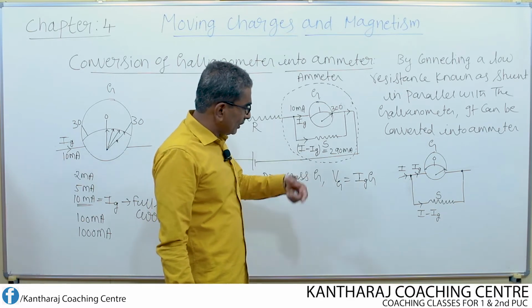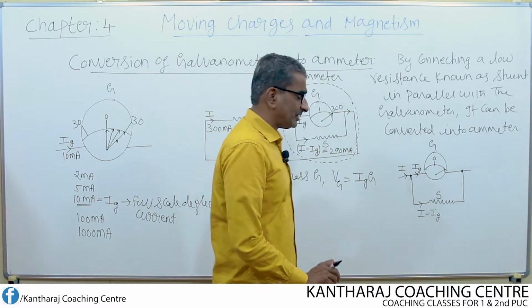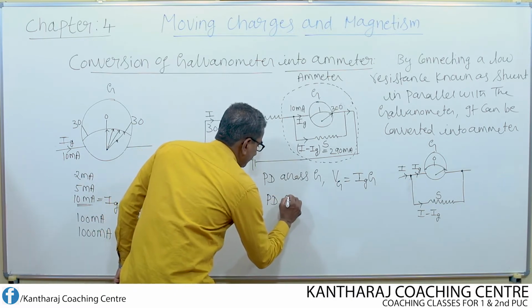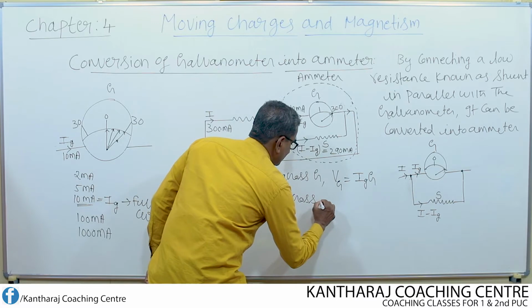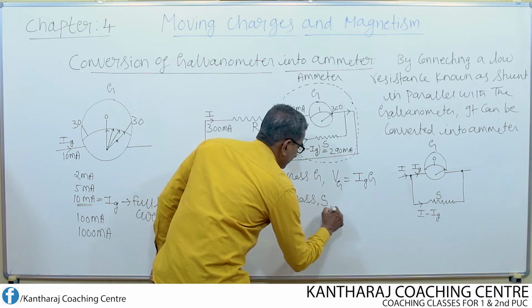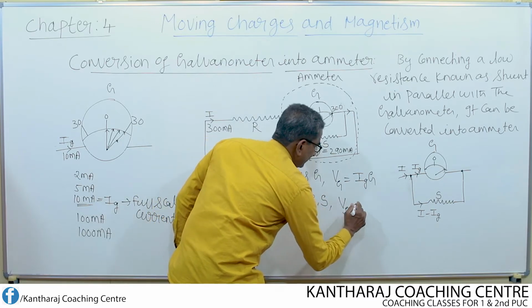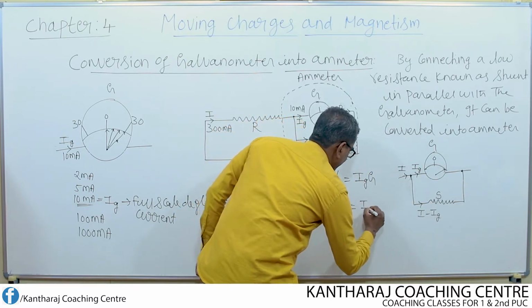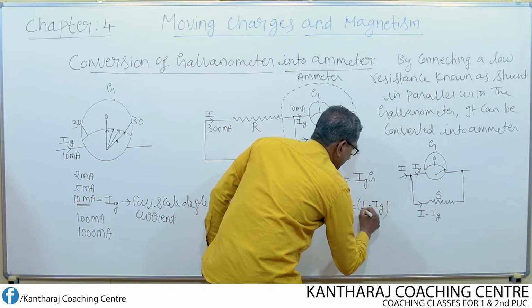Then what is the potential difference across a shunt? Potential difference across shunt resistance, Vs, equal to, once again Ohm's law, current into resistance. What is the current? I minus Ig. Then what is its resistance?